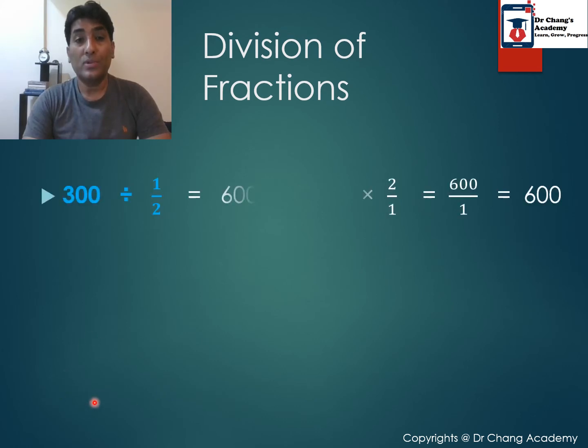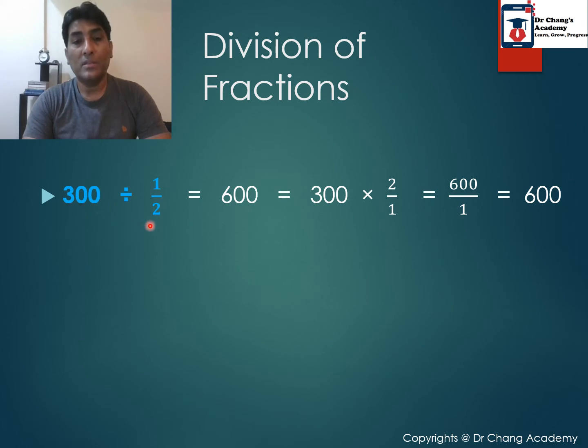Okay, so let's do some more problems to consolidate our learning. 300 divided by half is equal to 600, that we know. In other words, there are 600 halves in 300, or we can subtract half 600 times from 300.